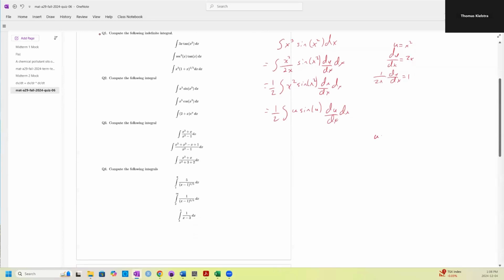So here we would say w equals u, dv equals sine u, dw equals 1, v equals minus cos u.